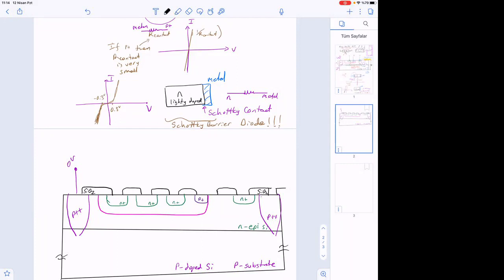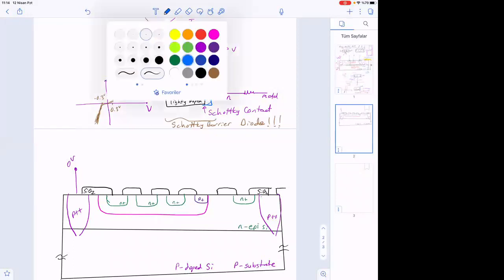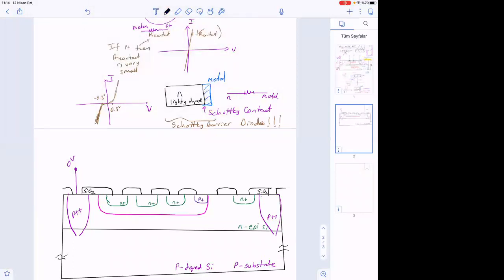And then here we put everywhere metal first. Maybe I should have done this also. Silicon dioxide. And then we put everywhere metal, and then etch metal from other regions. So this is going to be metal. This will be metal. This will be metal. This will be metal. And interestingly, we do this. I will explain what this is in a couple of minutes.